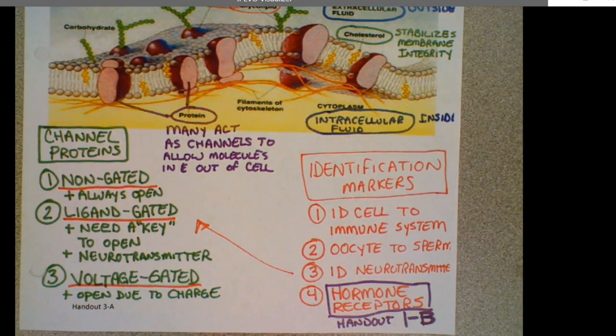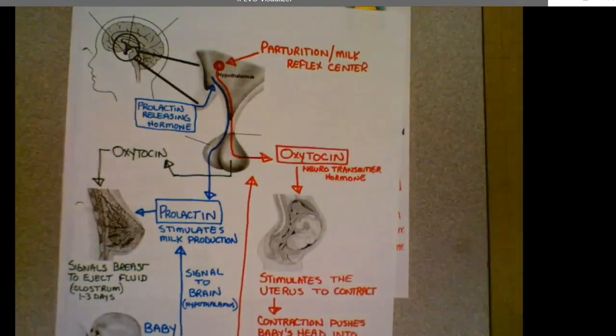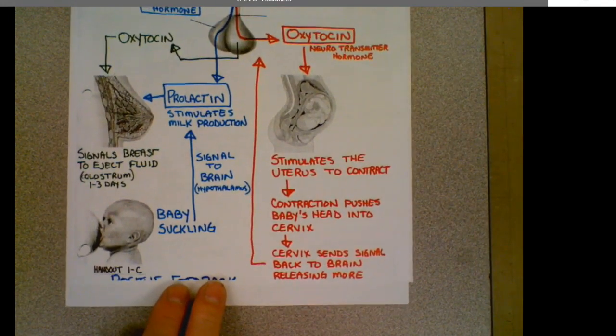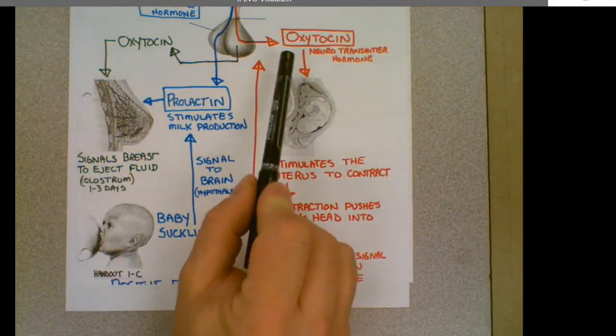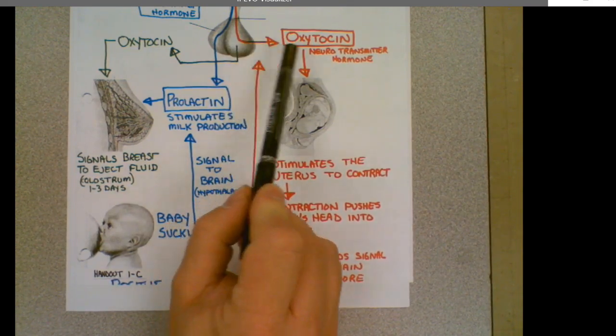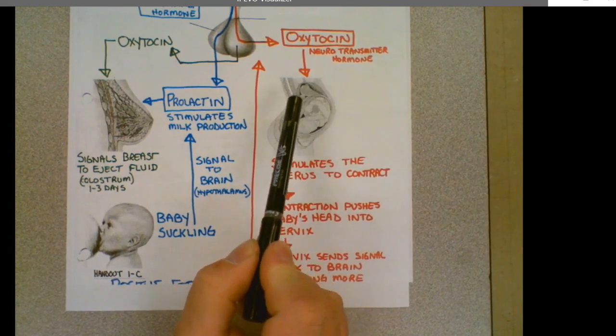So I have handout 1B as an example, but actually I've got handout 1C. So if you remember handout 1C, we were talking about this hormone called oxytocin. And oxytocin, I mentioned, is secreted out of the posterior pituitary gland. It's going to flow through the bloodstream to our uterus during childbirth.